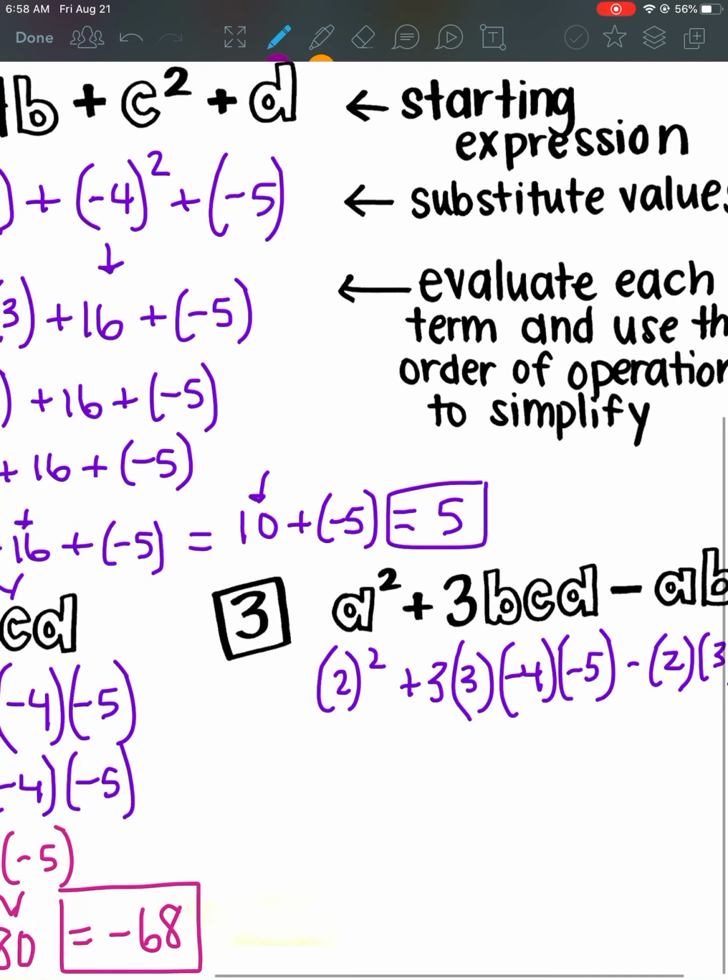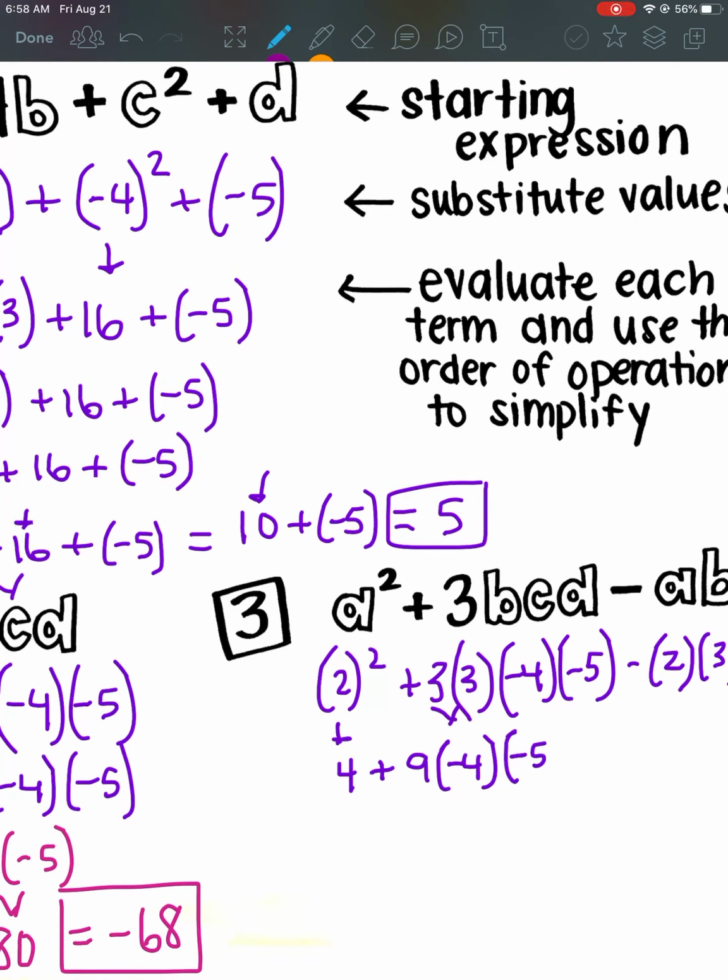With multiplication, we can multiply in any order, so you could multiply all of those at once if you wanted to. But before we multiply, we do need to do exponents first. So 2 squared is 4, 4 plus, let's just multiply them. 3 times 3 is 9, and then we have -4 and -5 minus 2 times 3.